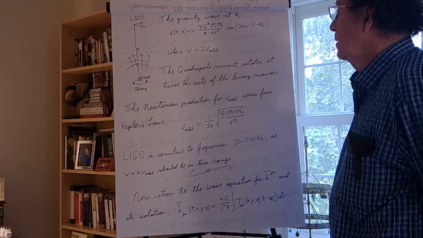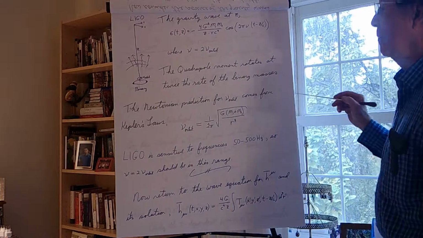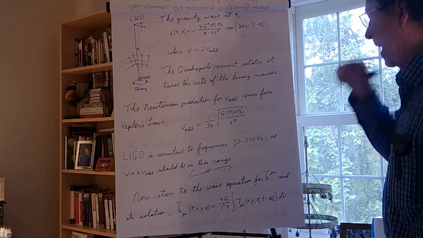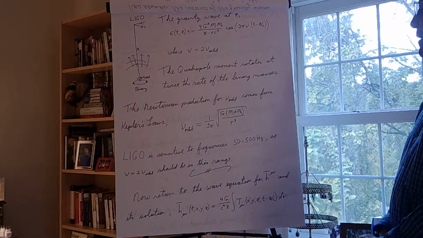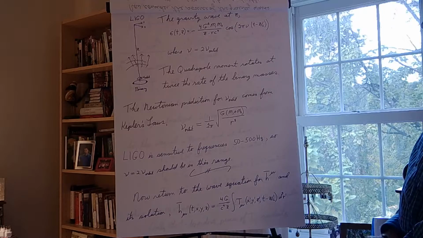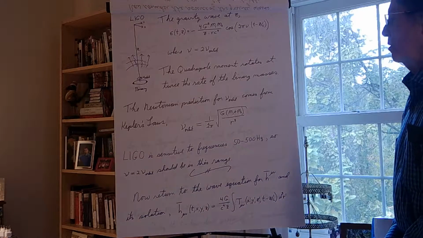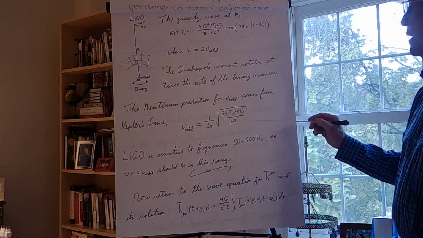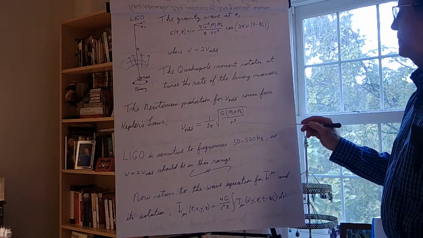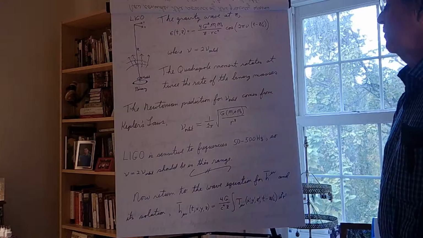The Newtonian prediction for nu orbit comes from Kepler's laws, and we can go back to our simple model for the binary and derive this, or just look it up as one of Kepler's laws. If I know what G is, I know the mass of the system, I know the distance between them, then I know the frequency.